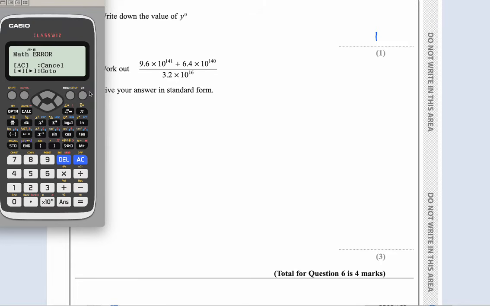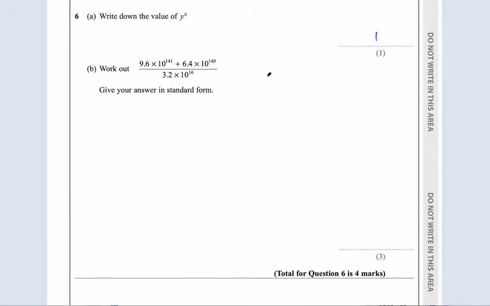Now I bet you, yeah, maths error, the calculator can't do this because those numbers are too big. 10 to the power of 141 is like a crazy big number.